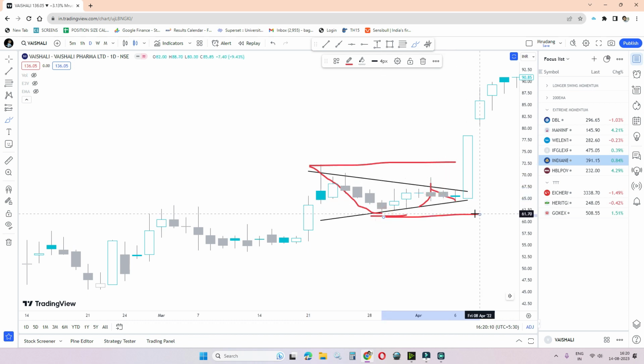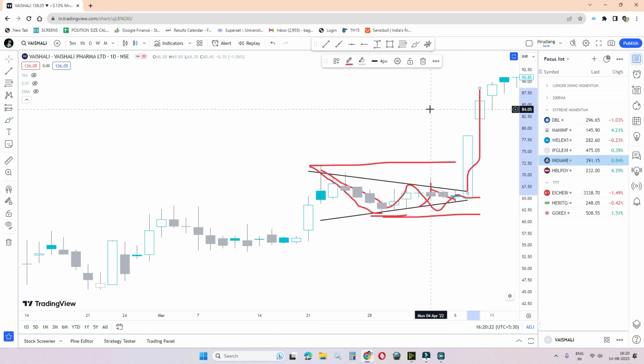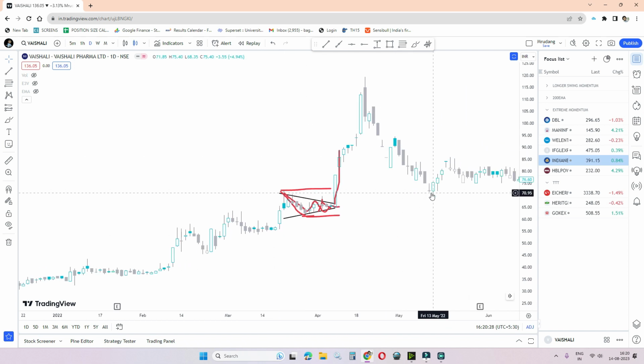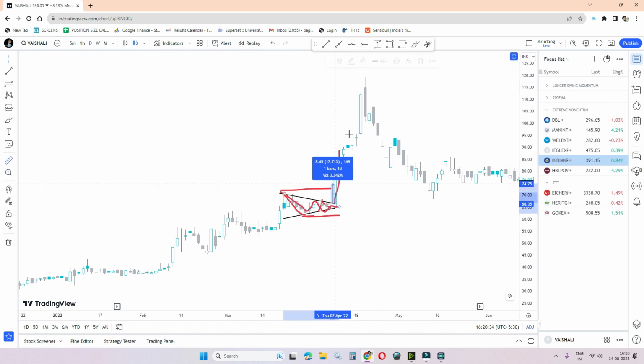They never let the stock go below this level. So it became extremely tight, and the only way the stock could move is to break out in either direction. It broke out in the upward direction. Why? Because the stock was in an uptrending market. If the stock was in a downtrending market, the probability of it breaking down is increased.